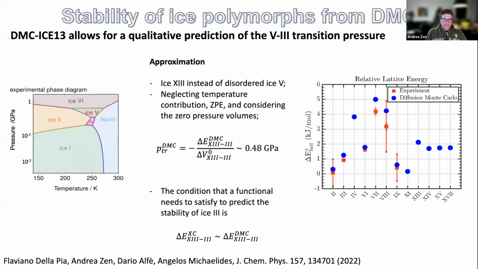Doing a proper evaluation of the phase diagram would imply a lot of expensive calculations. But if we introduce some approximations, we could say that temperature effects can be considered to contribute roughly the same between ICE5 and ICE3. Then we should notice that we don't have ICE5 in the dataset because it's the disordered version, but there is the ordered version, which is ICE13.